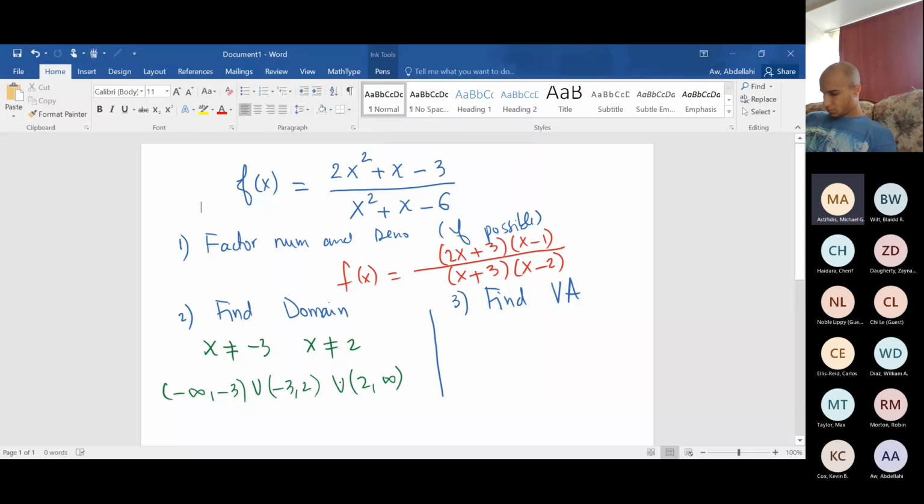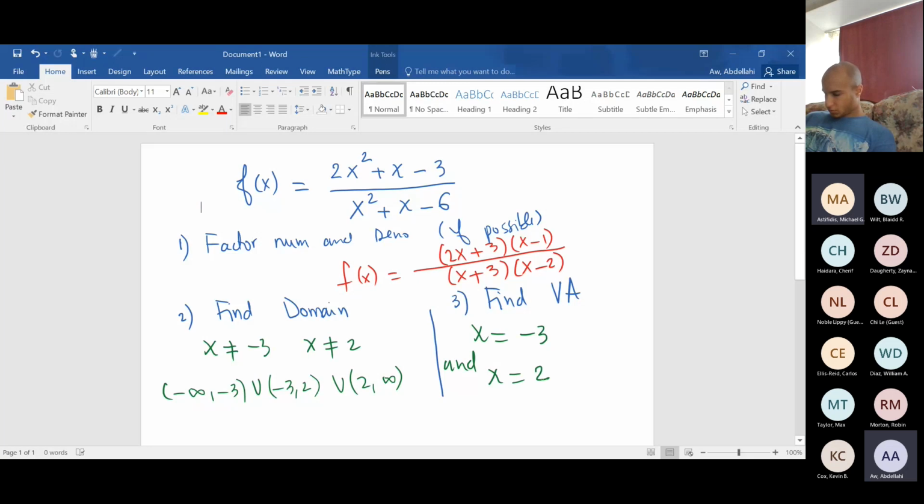All right. And we said last time there is a very tight link between the domain and the vertical asymptote. So what are the vertical asymptotes then? The vertical asymptotes are x equals -3 and x equals 2.